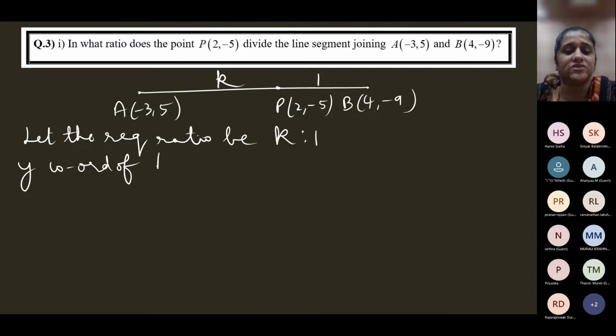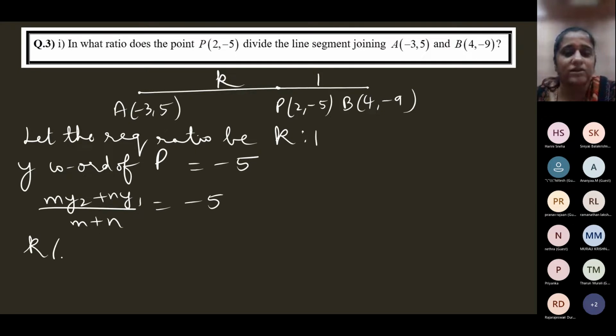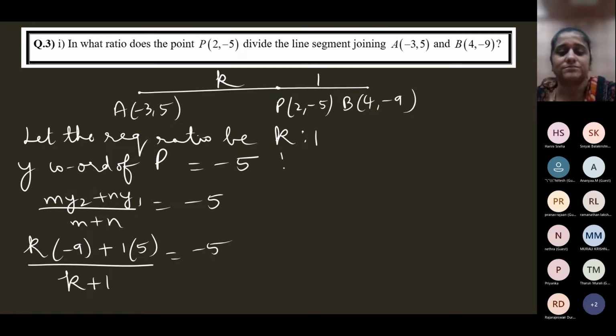Supposing the y coordinate of the point of division, that is P, is equal to -5. How do you find that? My2 plus ny1 by m plus n is equal to -5. So k into -9 plus 1 into 5 divided by k plus 1 is equal to -5.